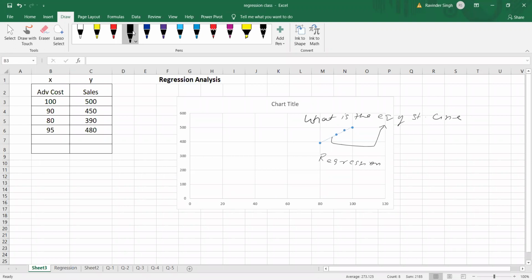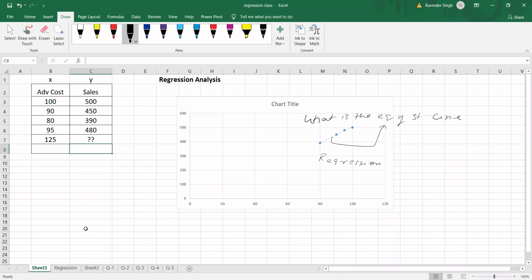But why find the equation of a straight line from the given data? Suppose somebody wants to predict what the sales will be if I spend 125 lakhs on advertisement.